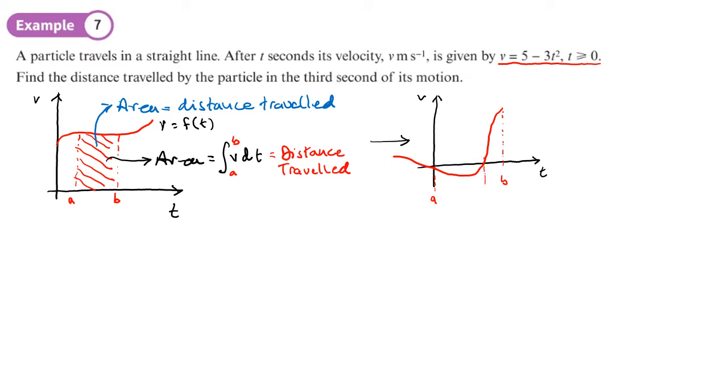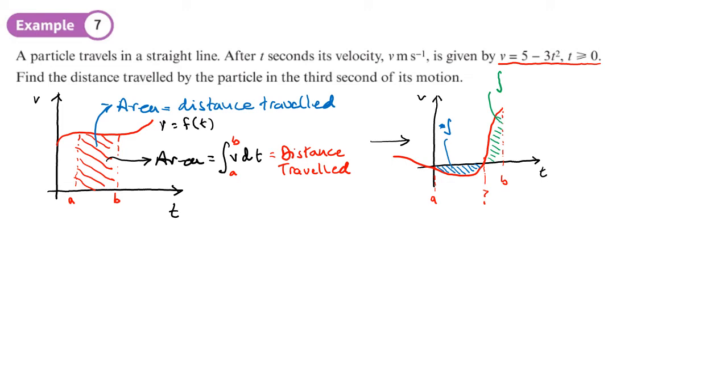I will need to integrate this bit between the limits, and then integrate this bit between the limits, reverse the sign of the first integration because I'm going to get a negative answer, and then add the two parts together to find the distance.